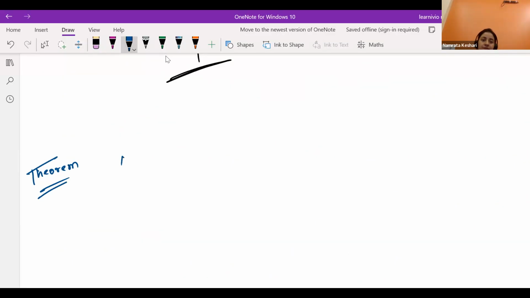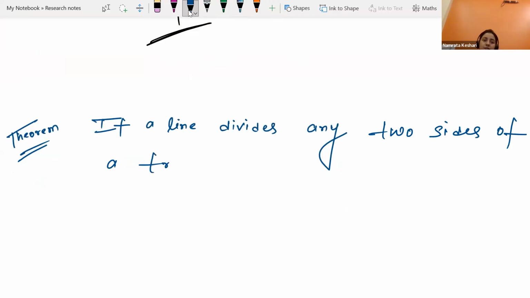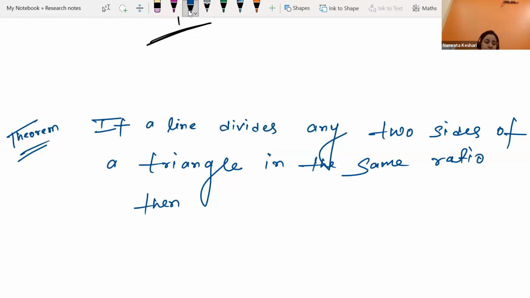if a line divides any two sides of a triangle in the same ratio, then the line is parallel.